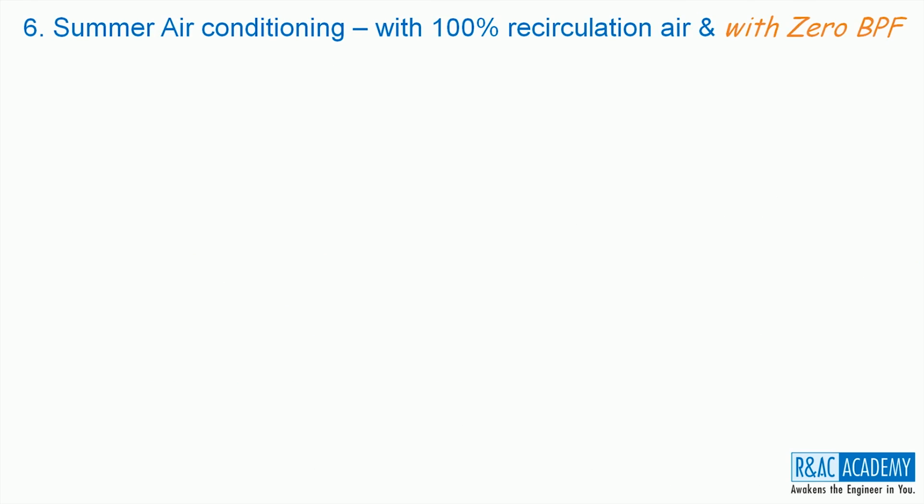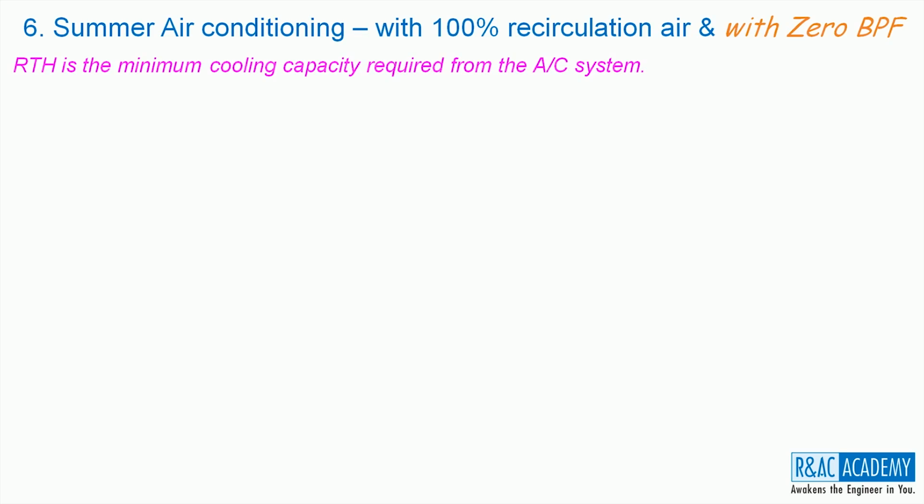From the heat load calculations, we have the RSH and RLH, and their sum is equal to RTH. What is the significance of RTH here? RTH is the minimum cooling capacity required from the air conditioning system.